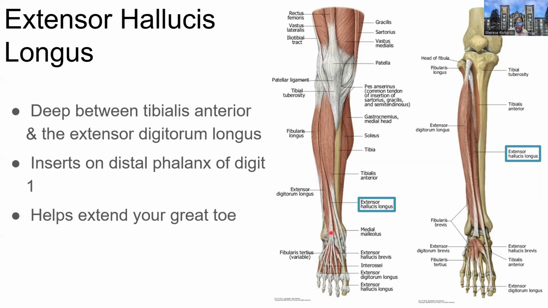Then we have extensor hallucis longus nestled in between those 2 tendons. So here's tibialis anterior, here's the extensor digitorum longus, and then in between, extensor hallucis longus. And notice how the tendon of this goes only to the great toe, as the dorsiflexor of the toe only and not of the other digits.